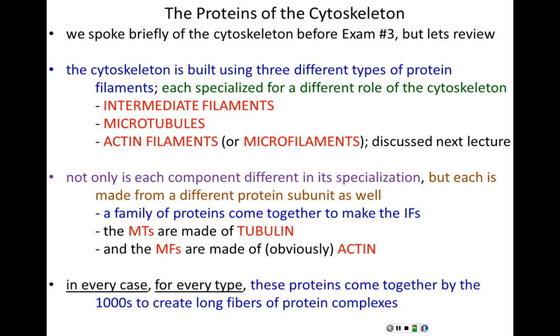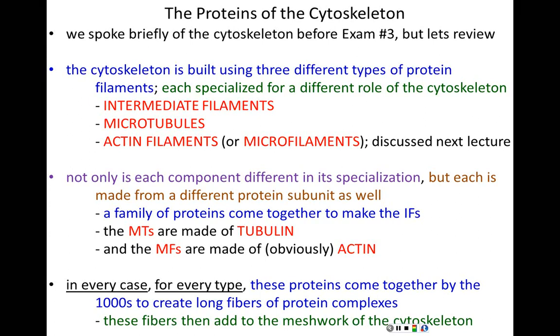For every type of these filaments, the proteins come together by the thousands, if not millions, to create very, very long fibers of protein complexes. These fibers then interweave and bundle with one another to create a wicker basket-like meshwork that is the cytoskeleton.